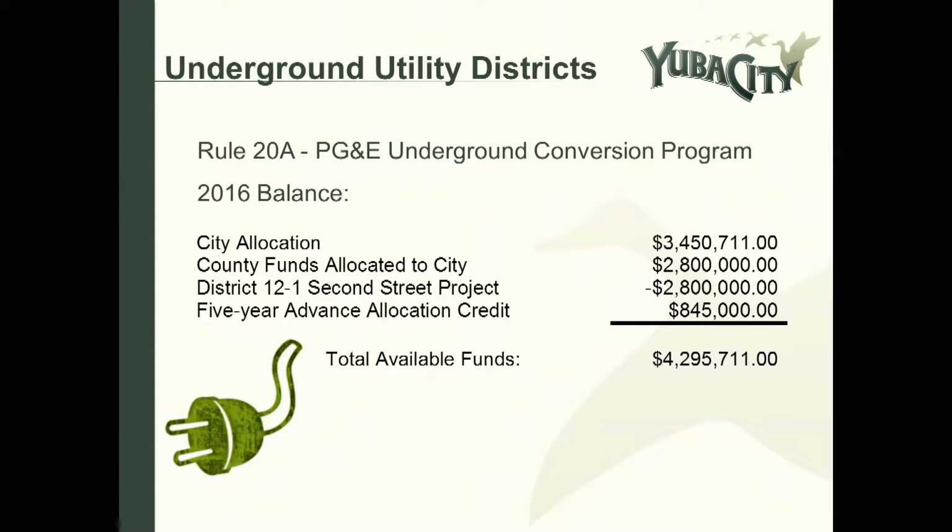What staff would like to do, we looked at the annual allocation this year, and if you take the 3.4 million we have, plus, if you don't count the 2.8 the county gave us and that we're going to spend on the 2nd Street Bridge, and you add some available money where they allow you to front up to 5 years worth of funds, we have about $4.3 million of available balance.